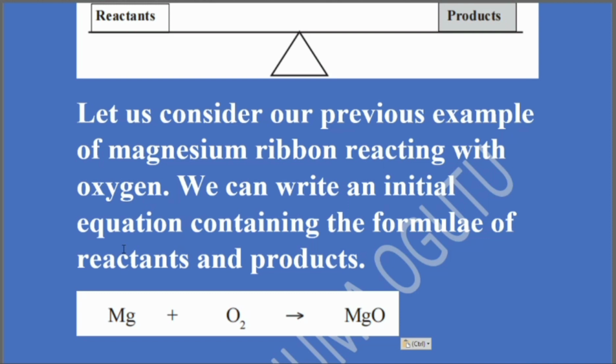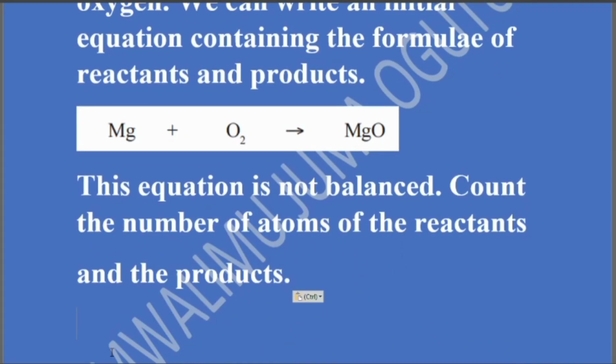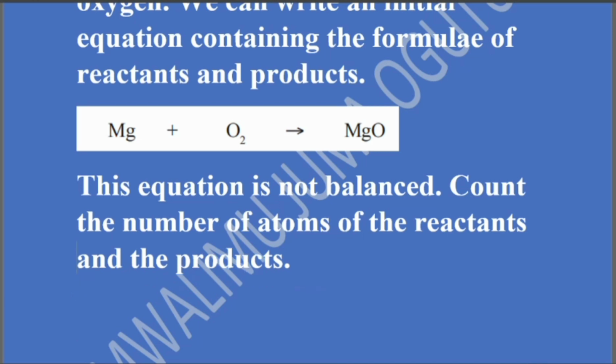This equation is not balanced, as you can see. When we count the number of atoms on the reactants and the products, we can see that they are not balanced. So we want to count the number of atoms of the reactants and the products.